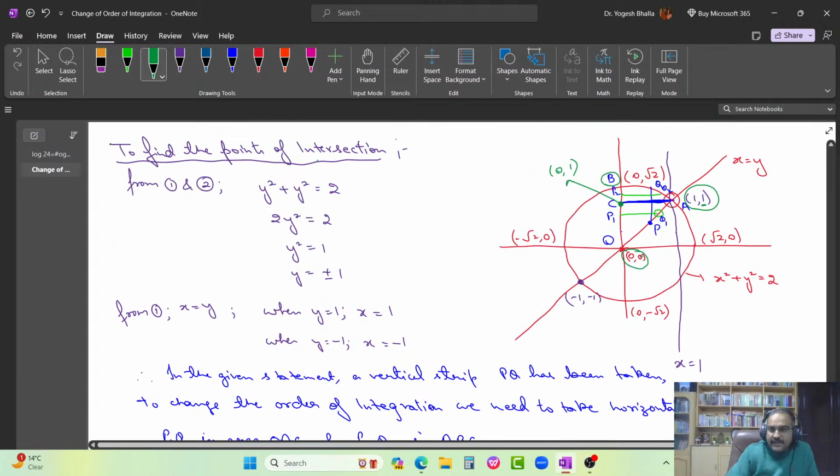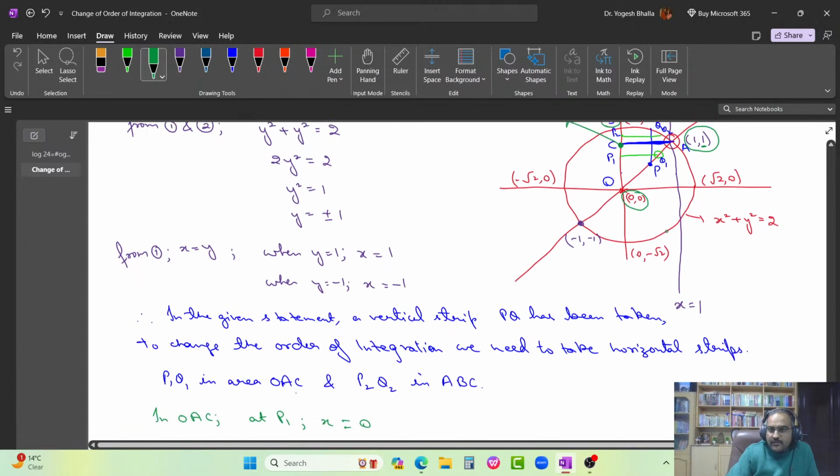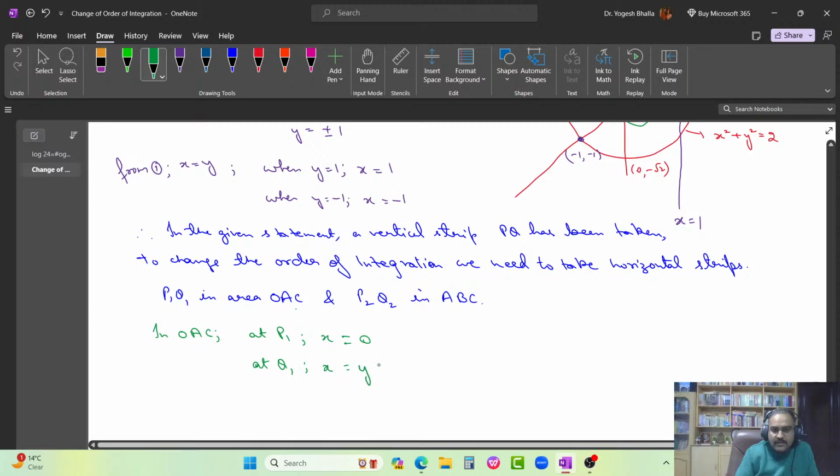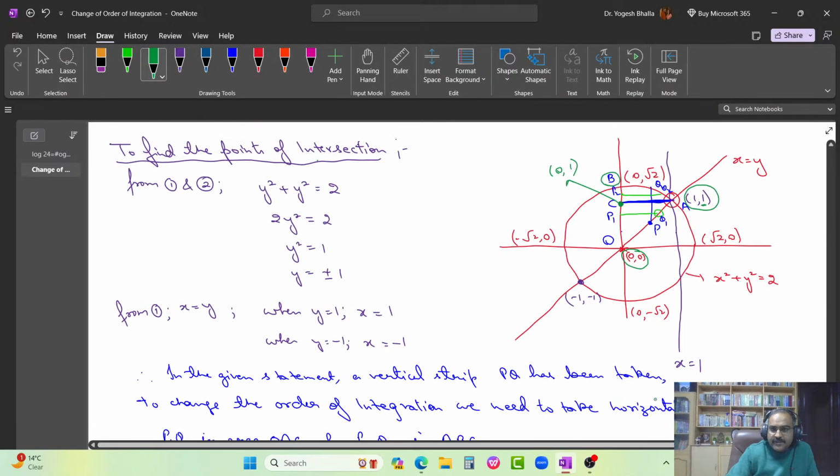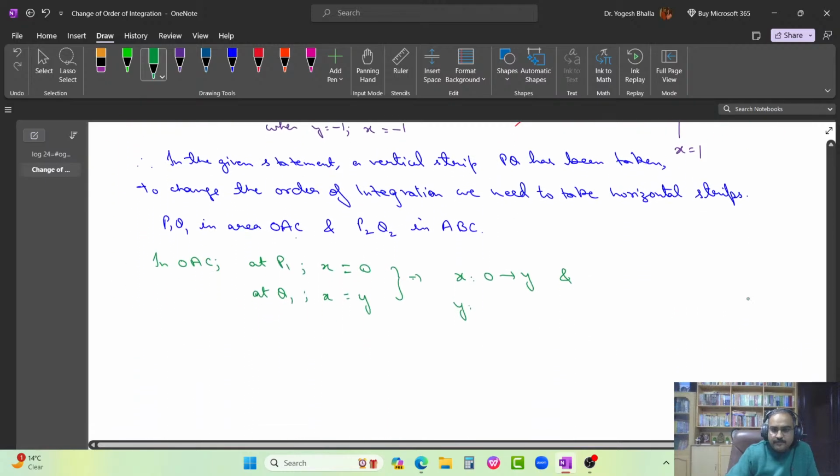And the value of x at Q1 will be x equal to y. So from this we are clear that x varies from 0 to y, and y varies from the points of intersection, that is the height, 0 to 1.